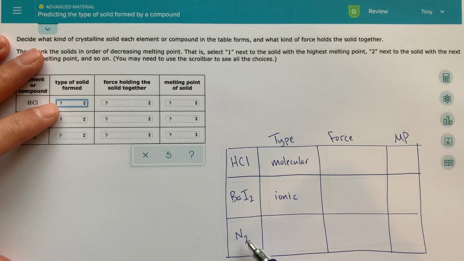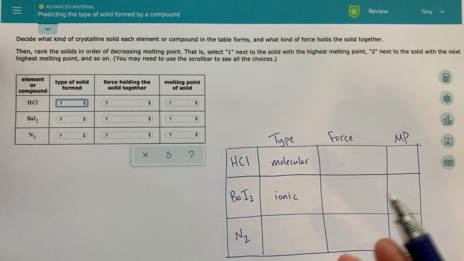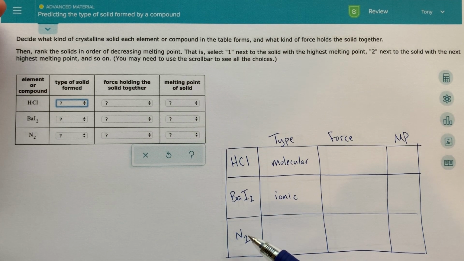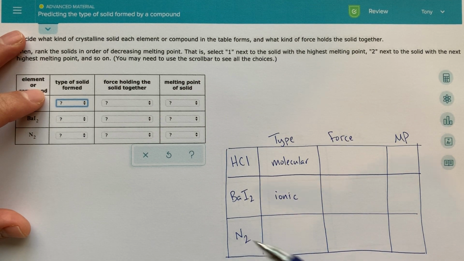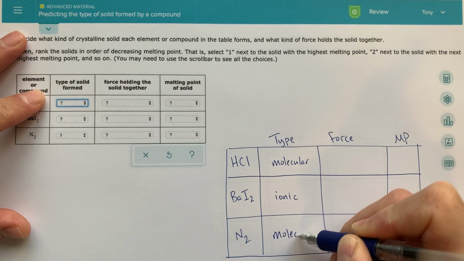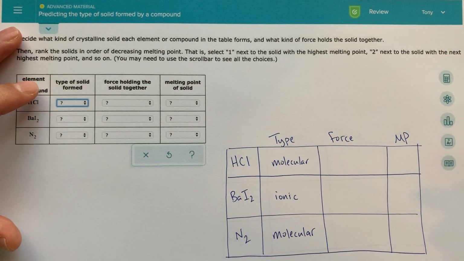N2, this one's a little bit confusing because N2, we might look at it and say, well, it's an atom, right? Well, not atom. N2 is just an element. There's just nitrogen and nitrogen. But because it's diatomic, because we have a covalent bond holding that nitrogen together, this would become a molecular compound.